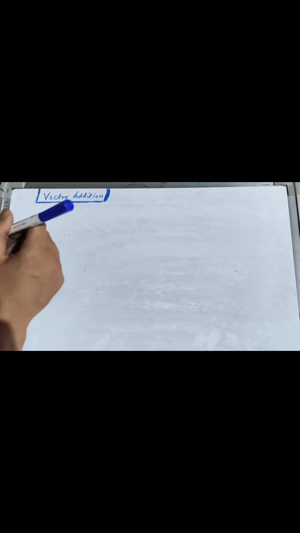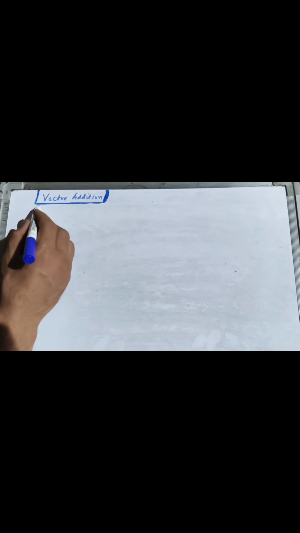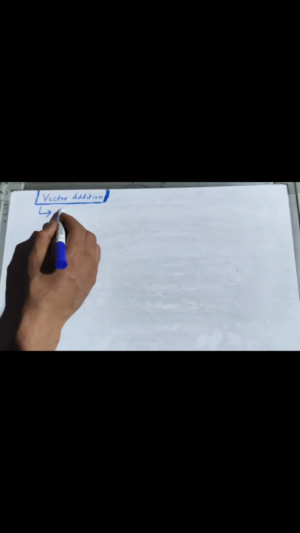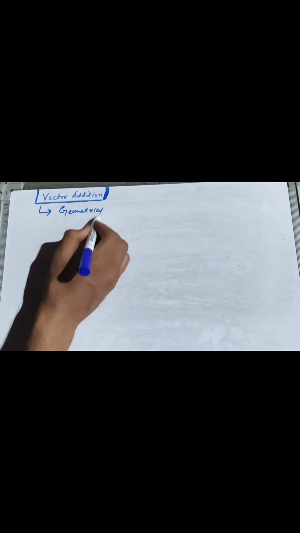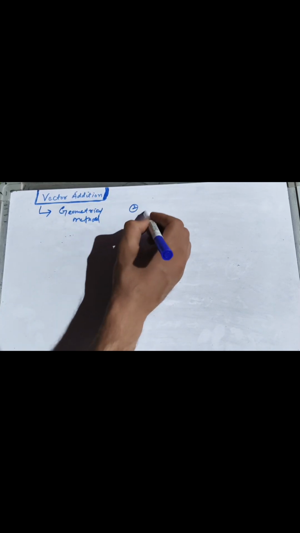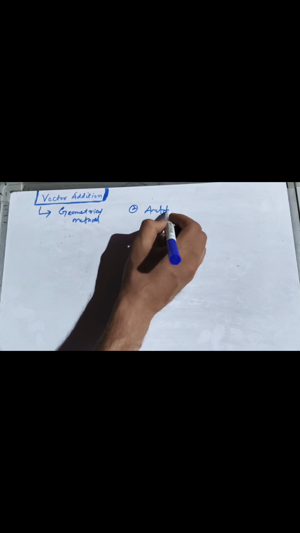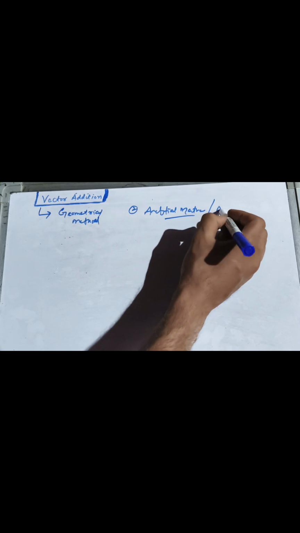Today we are going to start another topic of vector calculus, that is vector addition. We have two methods of vector addition. One is the geometrical method and the second is the analytical method, which is also known as the mathematical method.